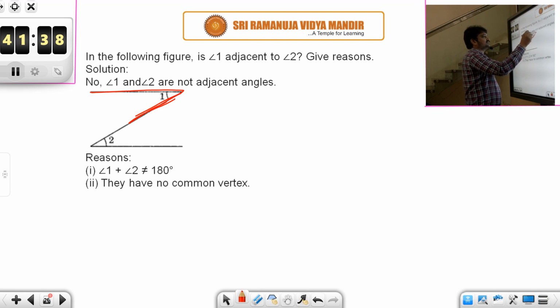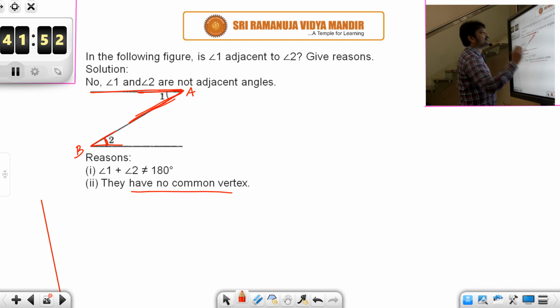Let us label this A and this B. Here the vertex for angle 1 is A, whereas the vertex for angle 2 is B. A and B are different vertices. So they don't have a common vertex, isn't it? So hence they are not adjacent. Right? So these two angles are not adjacent.